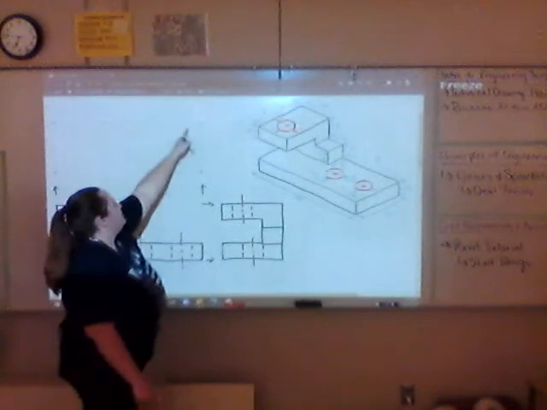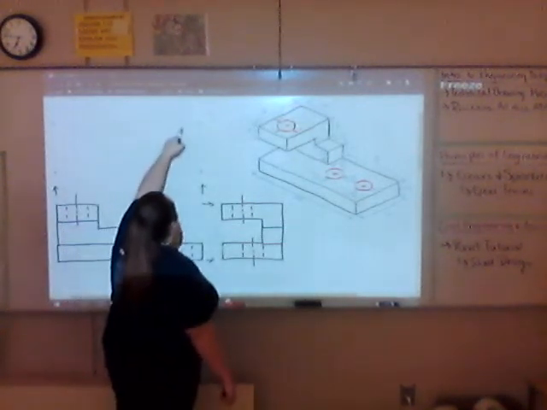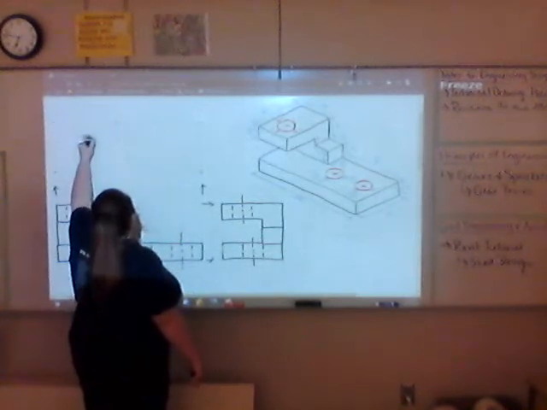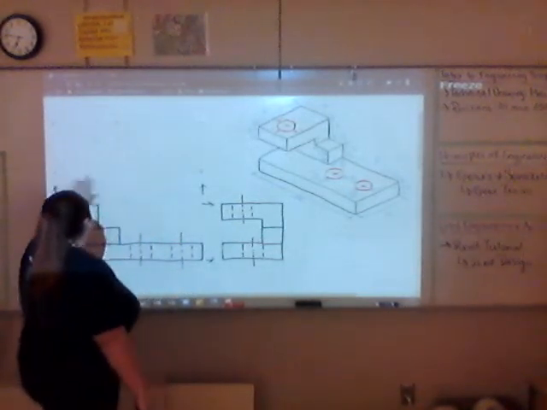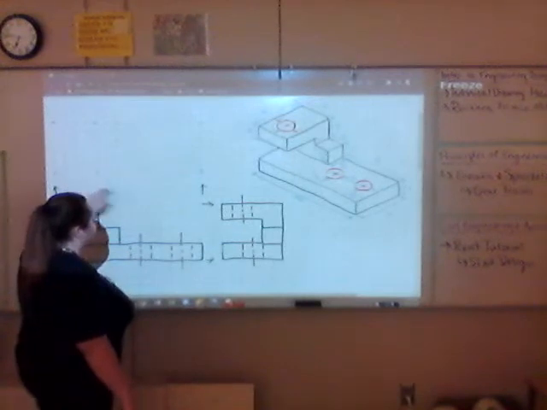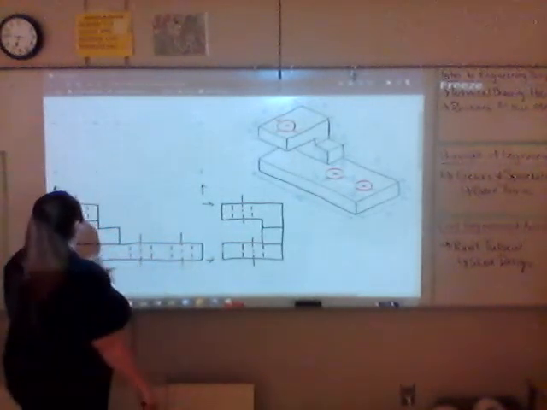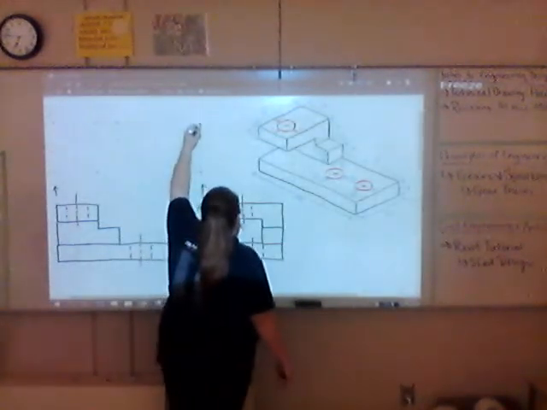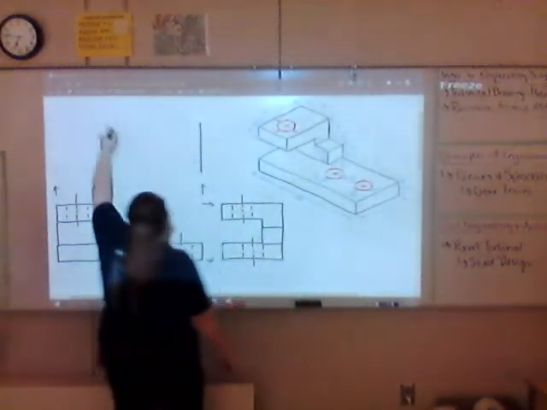Then we know we have to go back 8 here. So that's 2, 4, 6, 8 for this square. Okay? And then we also see this come all the way forward to the front thanks to the side view. And that's going to cover all of our lovely object lines for part number 4.